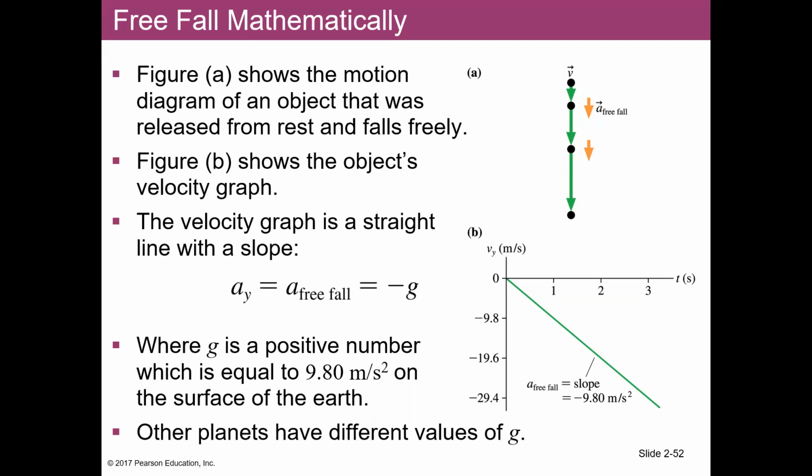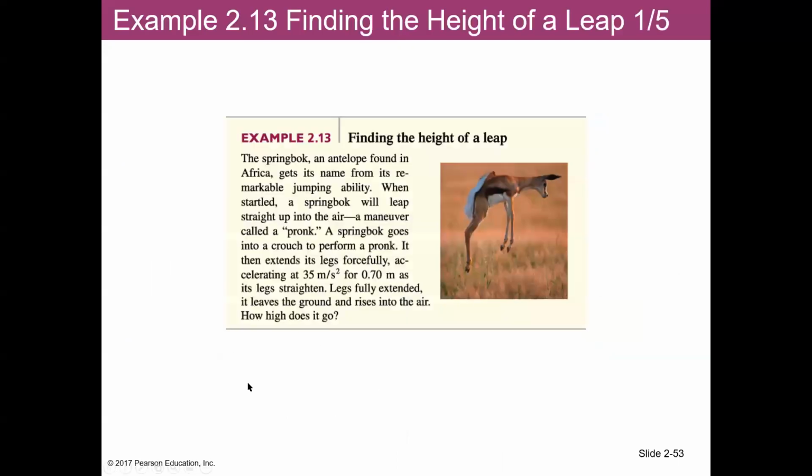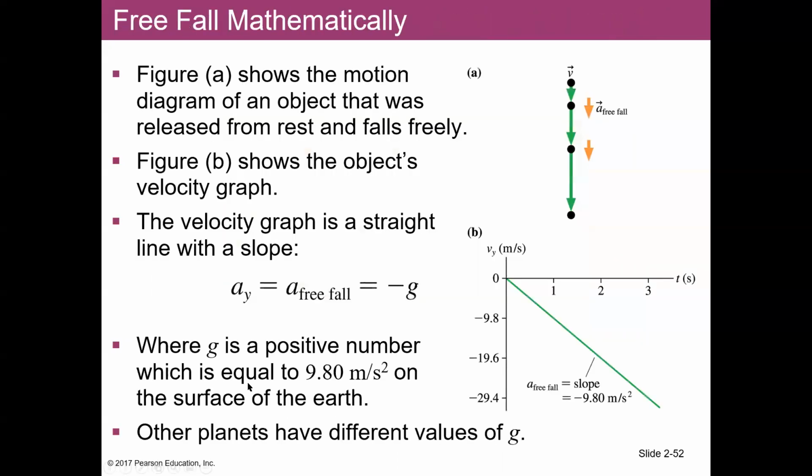So we've got a motion diagram of the thing, and we have a graph as well. This looks like a velocity versus time graph for an object that's dropped from rest. What would the acceleration graph look like? Well, the acceleration graph would just be a straight horizontal line at minus 9.80.